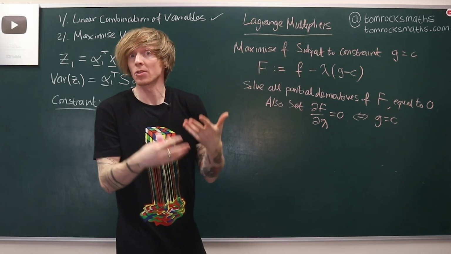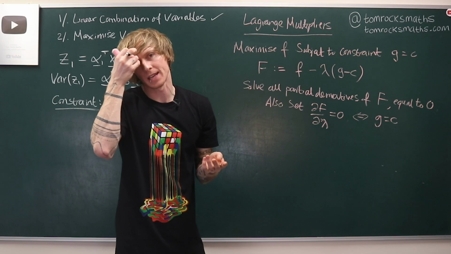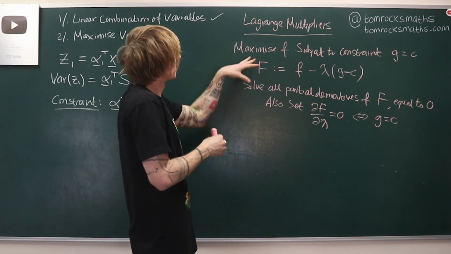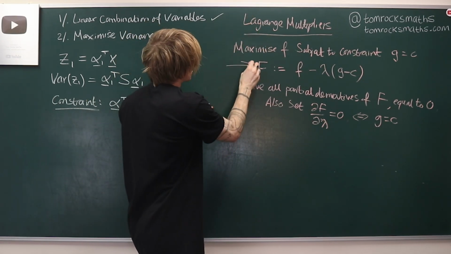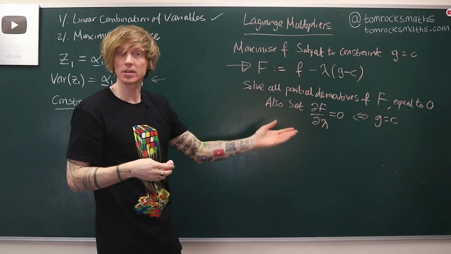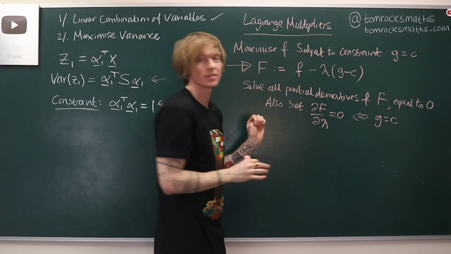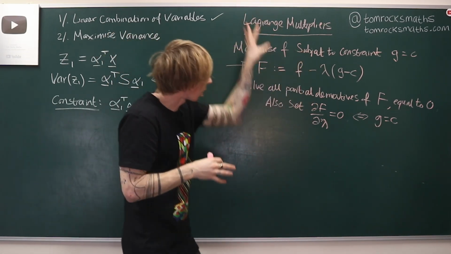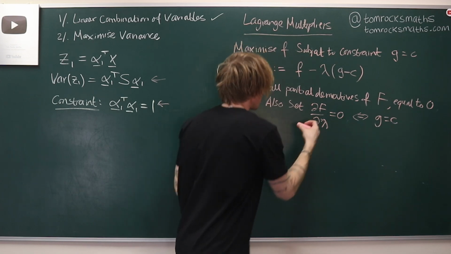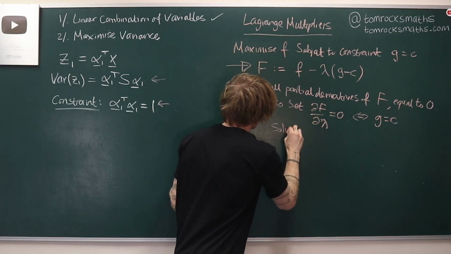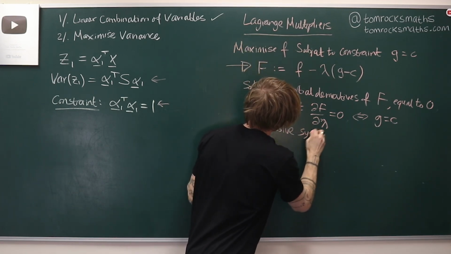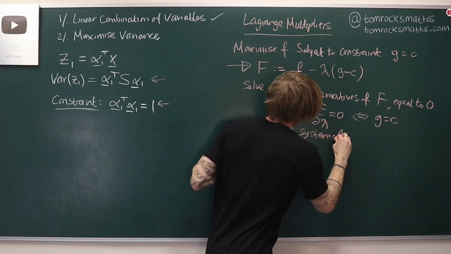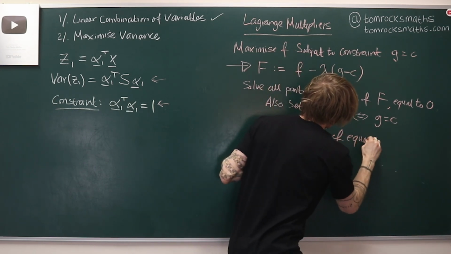So again, I'm not going to go through the details of why this works. That would be a calculus video. But you form this intermediate function, which we'll do in a moment. We then calculate all of the partial derivatives equal to 0, and then we solve that remaining system. So we then solve the system of equations. And that will give us the answer.